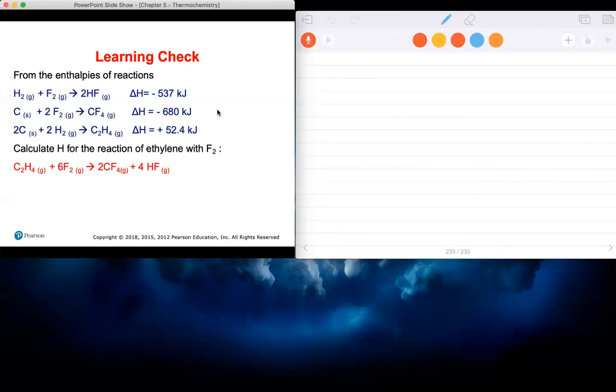I want to bring ethylene on this side, to make it a product. So I will flip the last equation and say C2H4. Since not everything is gas, I need to write the states. Some are solid. Going to 2C, this is carbon and it is solid, plus 2H, and it is what?